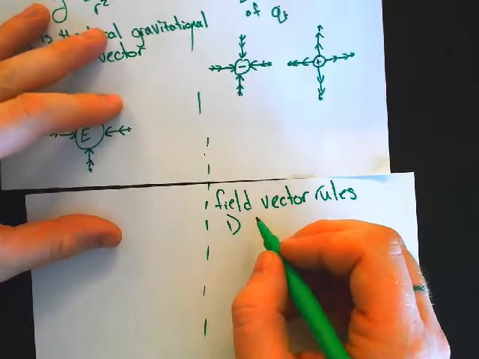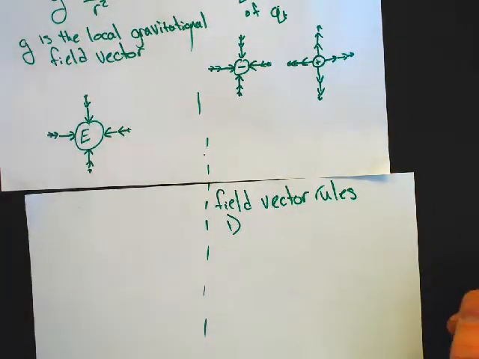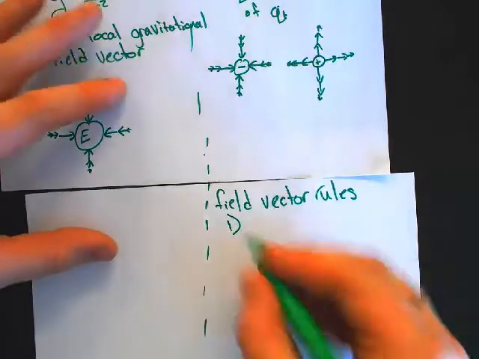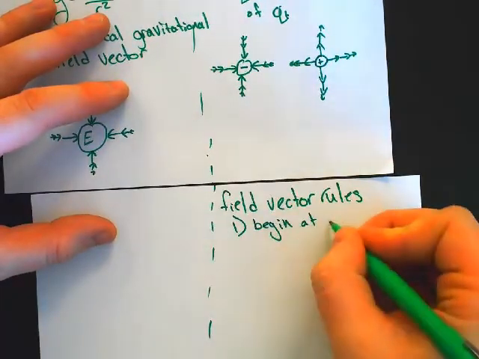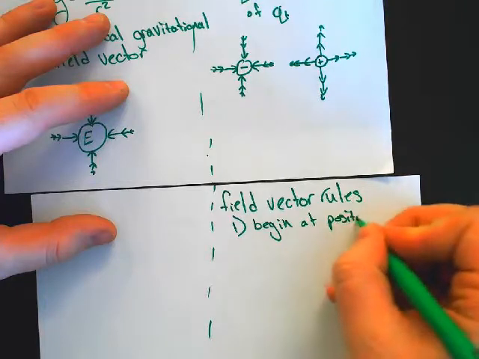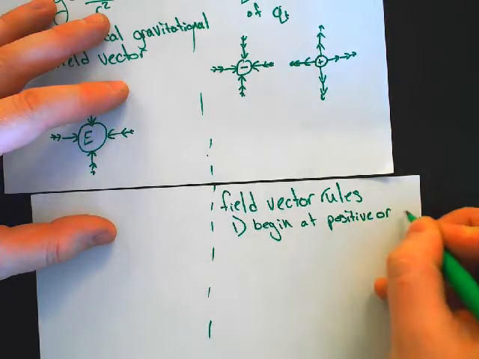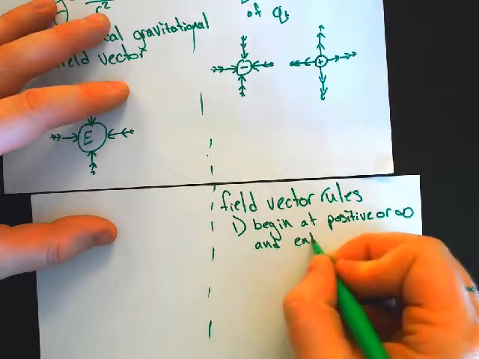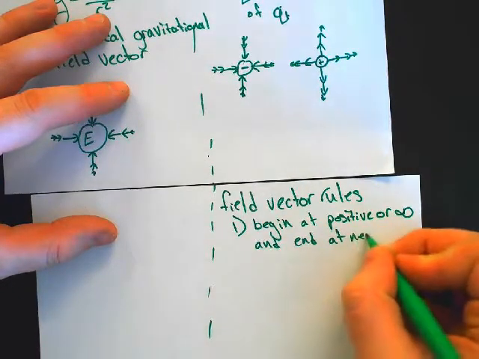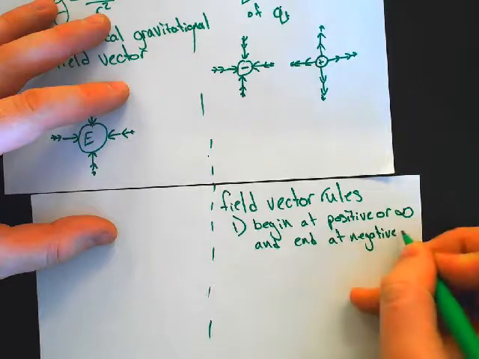First of all, electric field vectors flow from positive to negative. So they begin at positive or infinity and end at negative or infinity.